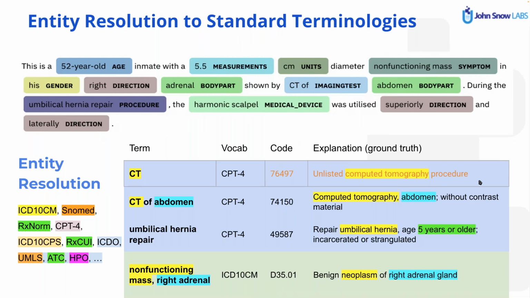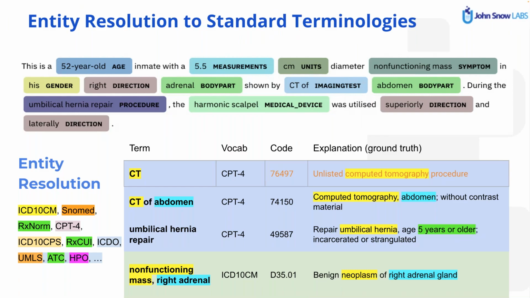But for better accuracy, you need to mention the body part in the query, right? How can you do that, even though they were extracted as two different entities? You can do that by concatenating them.